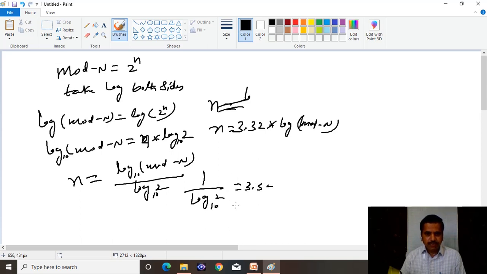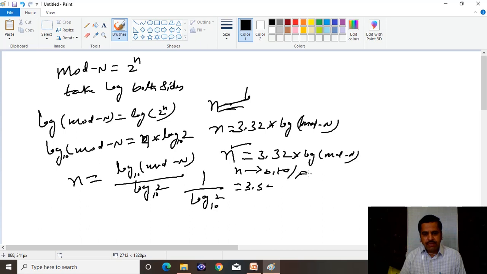That I have given here. So finally we can calculate n is equal to 3.32 into log of mod n, where n is the number of bits or flip-flops required to achieve the desired mod count.